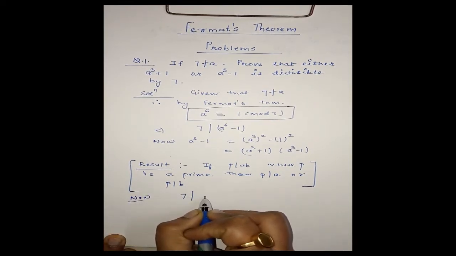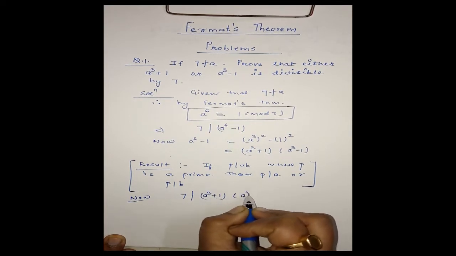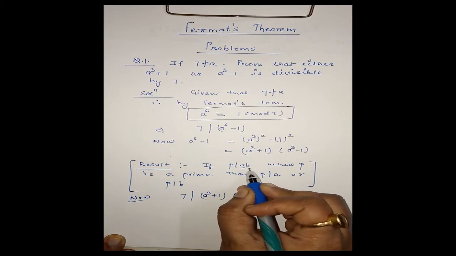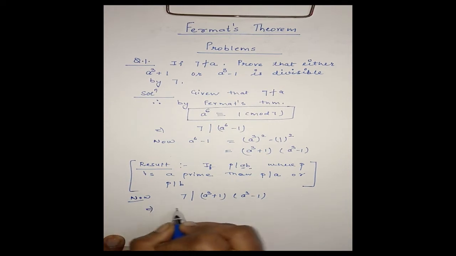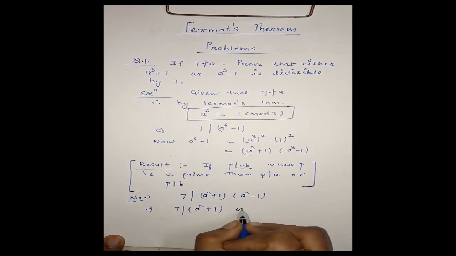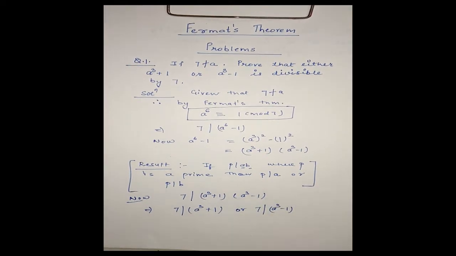Now 7 divides a cube plus 1 into a cube minus 1. Now a is a cube plus 1, b is a cube minus 1. 7 is a prime. That means this implies 7 divides a cube plus 1 or 7 divides a cube minus 1, using this result. Clear?